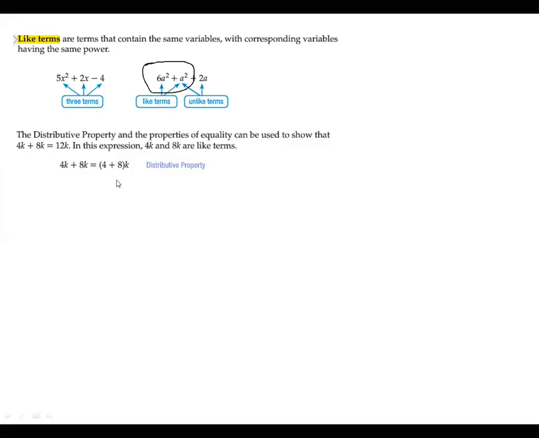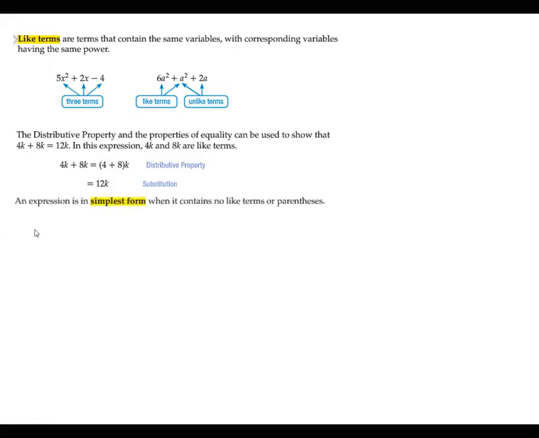And then substitute the 4 plus 8 with a 12, and you get 12k. All right. You don't have to go through this step every time if you have like terms. Like I said at the beginning, if you have 4 Klondike bars and 8 Klondike bars, together you have 12 Klondike bars, okay? But if they're not like terms, then you can't undistribute something from them and add them together.